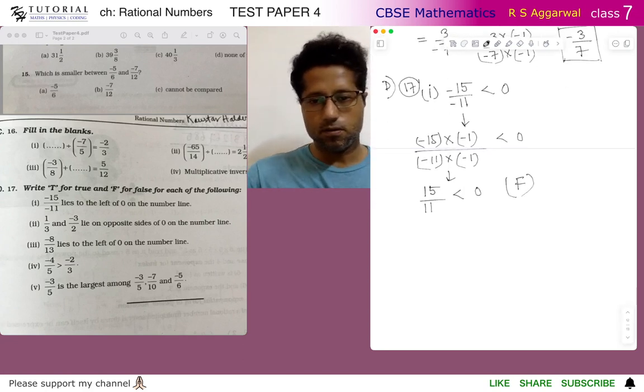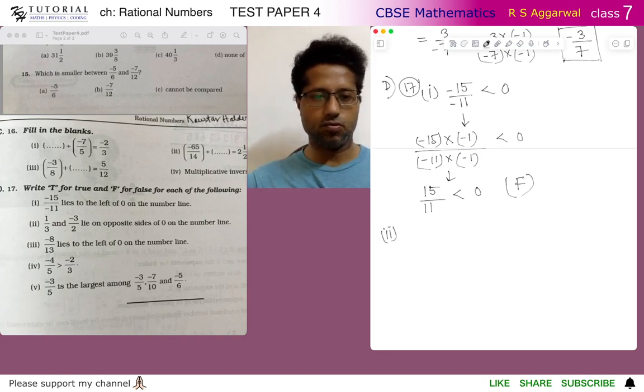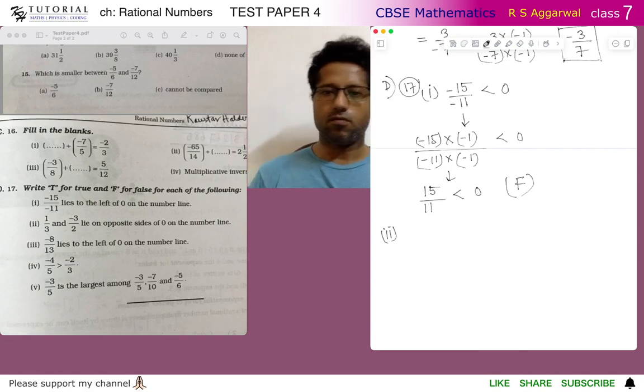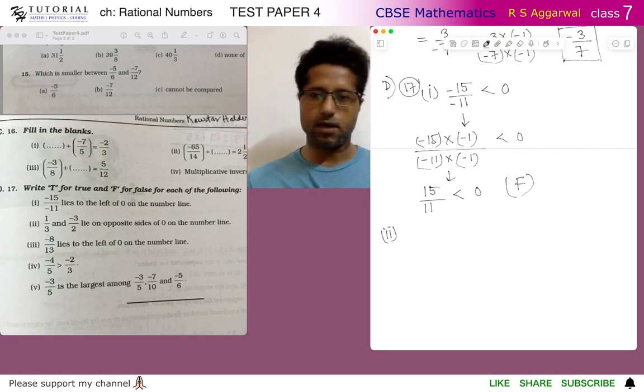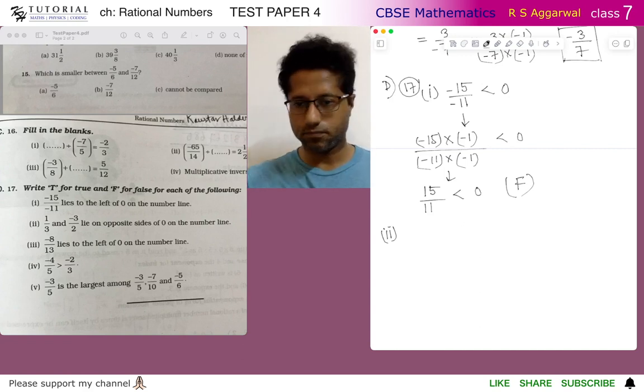Okay. Part 2. 1 by 3 and minus 3 by 2 lie on the opposite sides of 0 on the number line. Now this is true, of course, because when two numbers lie on the opposite sides of 0 on the number line, one has to be positive and the other has to be negative.